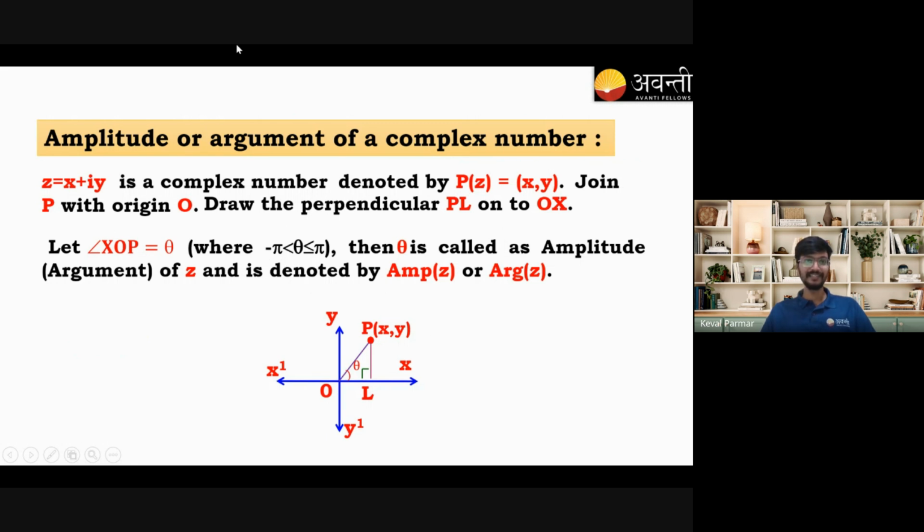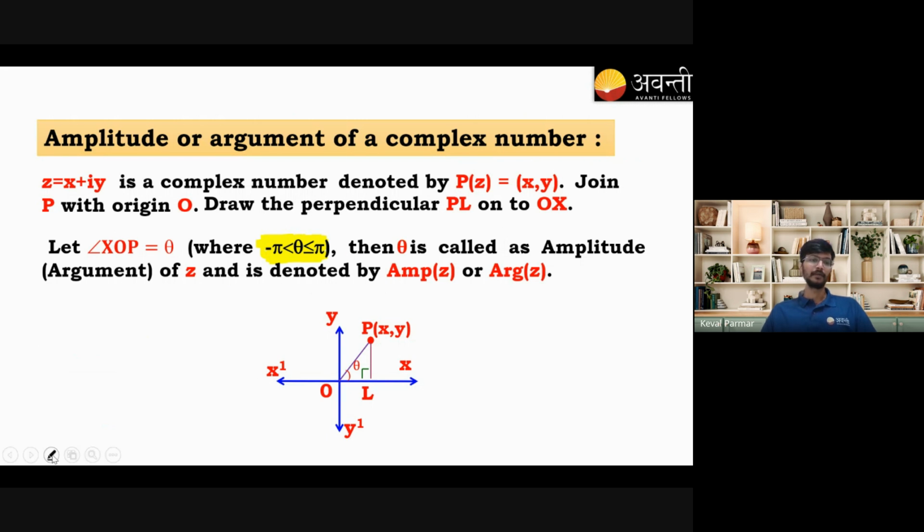You can see here the important part I was talking about. I highlighted it just now: in this case, the argument should lie between minus pi to pi. The argument should lie between minus pi to pi.